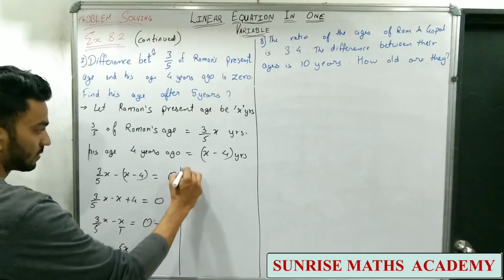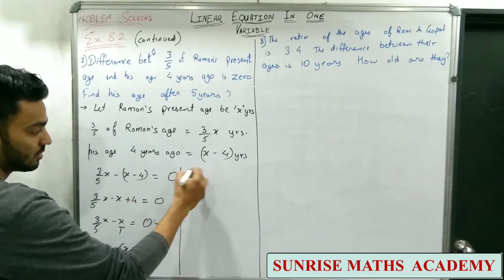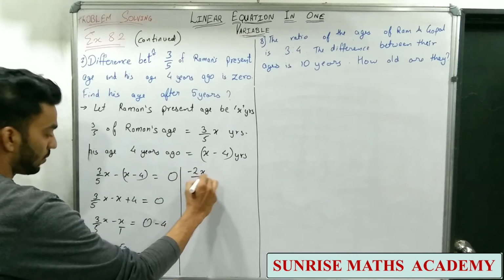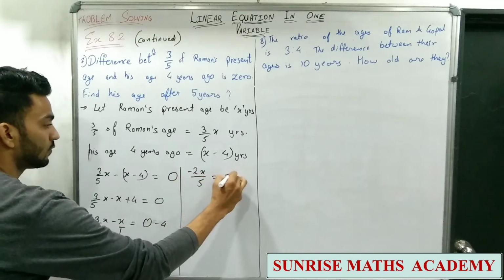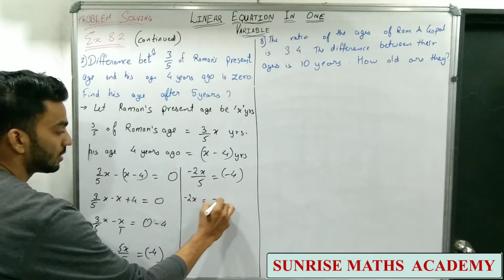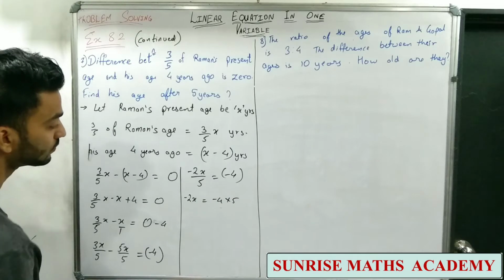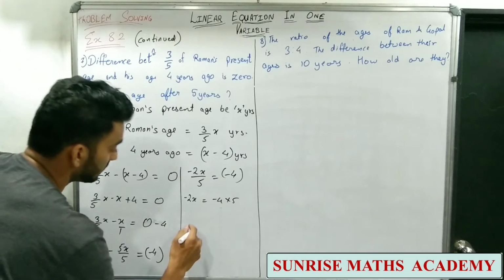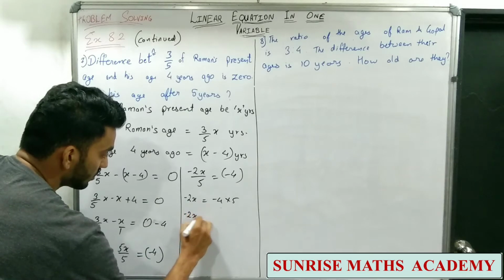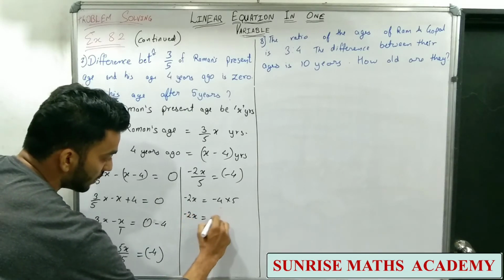3x minus 5x. 3 minus 5, the negative number is greater, so it will be minus 2x upon 5 equals to minus 4. So minus 2x equals to minus 4 into 5, minus 2x equals to minus 20.